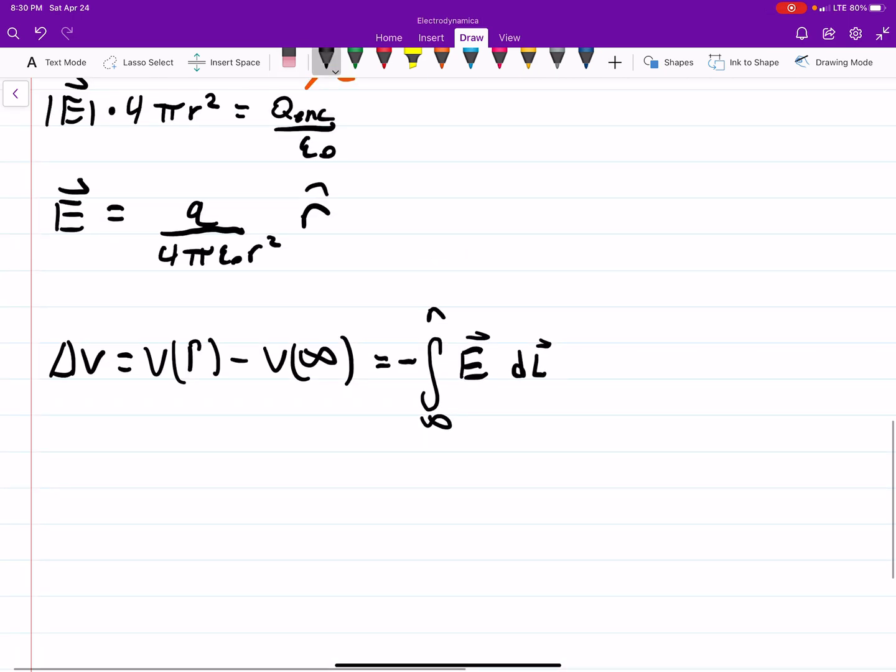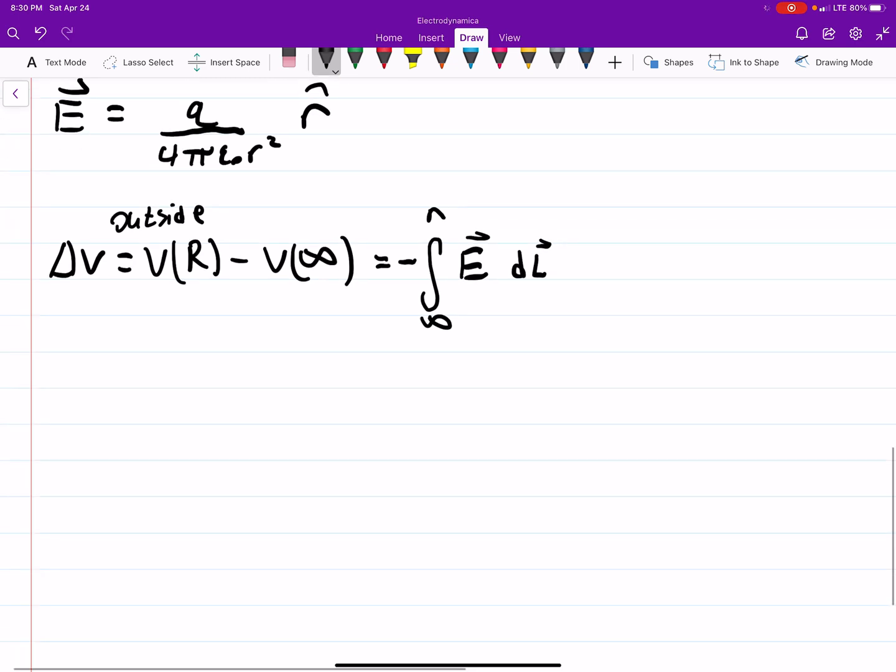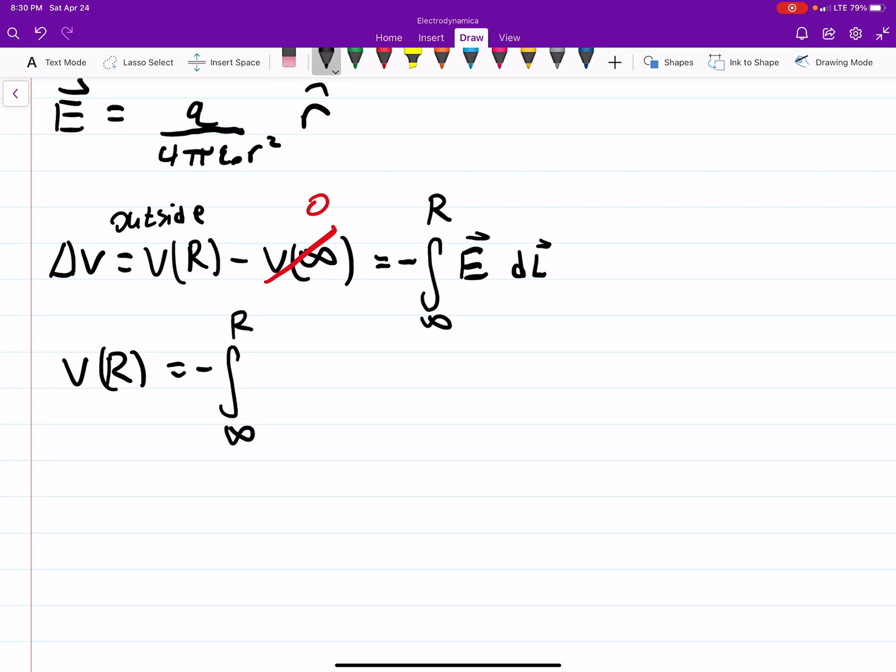Let's start by finding the potential outside. So V of R, and again, V at infinity is 0, that's our reference point, is negative the integral from infinity, this should be a capital R. And what we want is the E field outside.